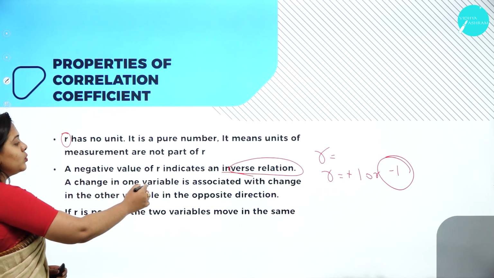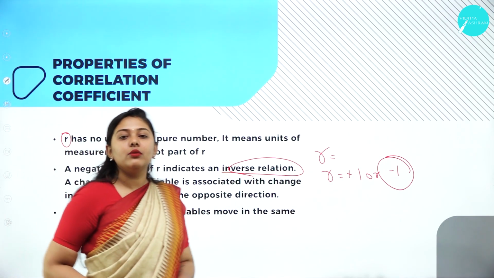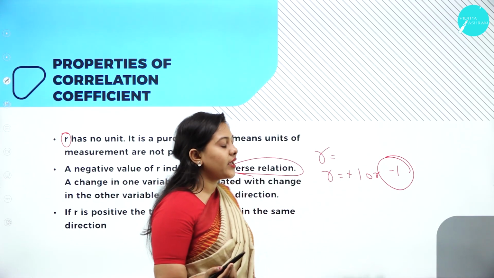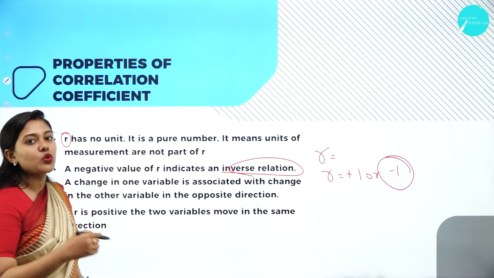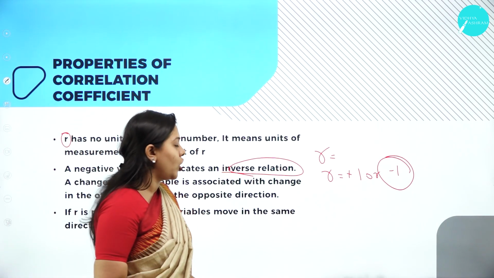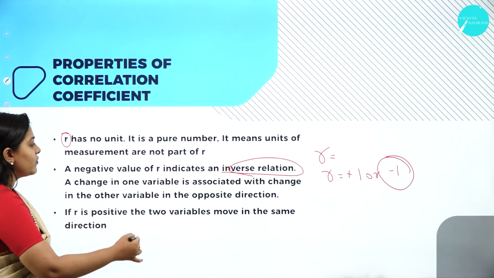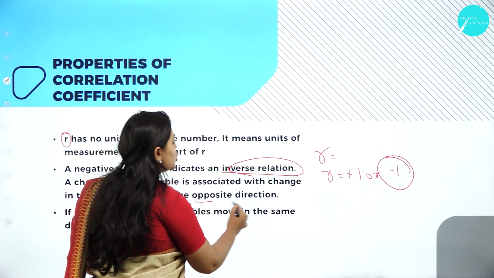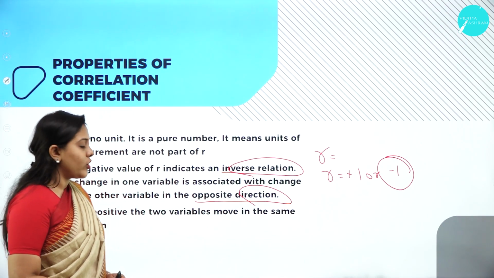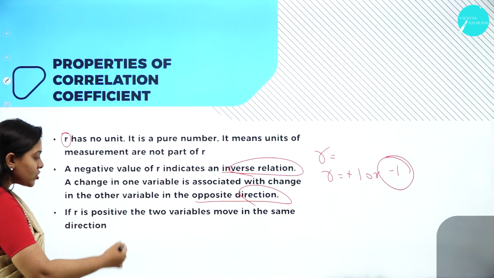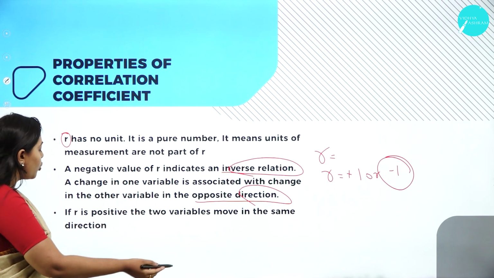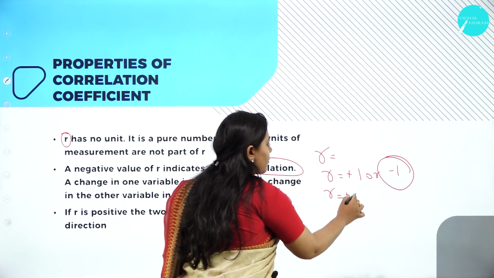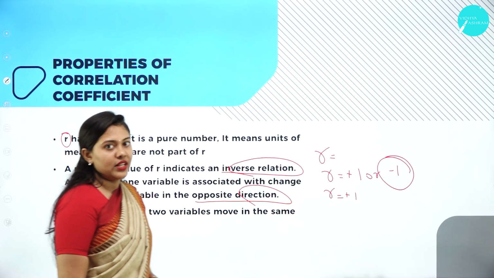When you calculate the values, if you get a minus value at the end, that explains an inverse relationship. An inverse relationship is nothing but a negative correlation: a change in one variable is associated with a change in the other variable in the opposite direction. If R is positive, then the two variables move in the same direction. If R is +1, that is positive correlation.